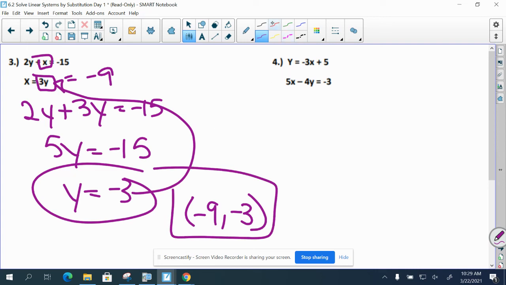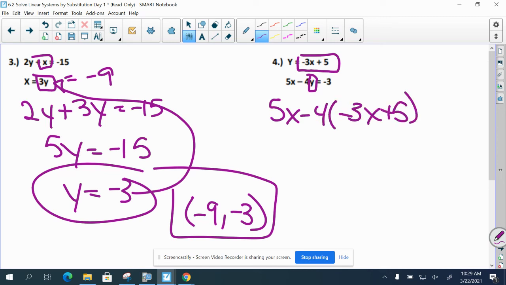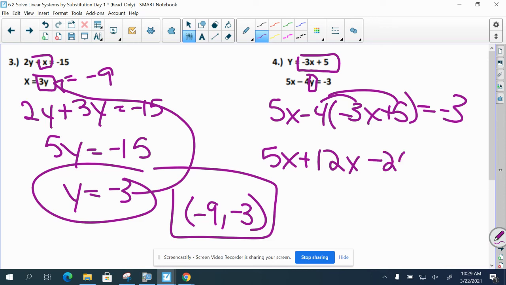All right, for this one, your y is solved for here. So I'm going to replace negative 3x plus 5 with y in this equation. So 5x minus 4 times negative 3x plus 5. Distribute the negative 4. So 5x plus 12x minus 20.